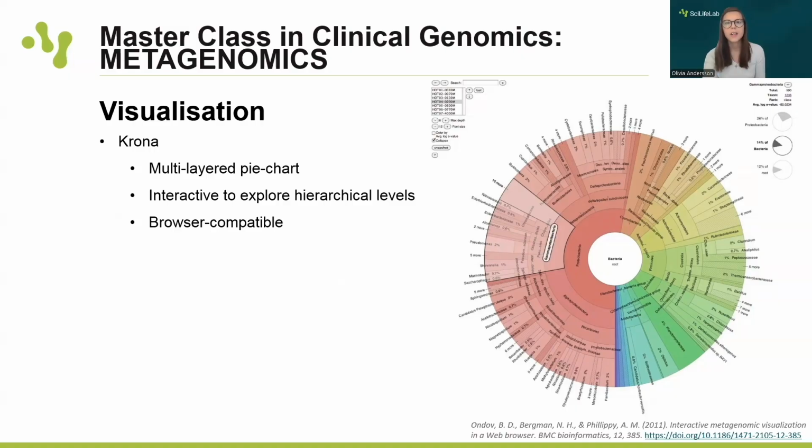And the layered visualization of Krona charts provides us with a clear and interactive way to interpret taxonomic diversity and distribution, helping us to identify dominant taxa, detect unusual microbial patterns, or pinpoint pathogenic microbes. And these visualizations are browser compatible, making them easy to share and interact with.